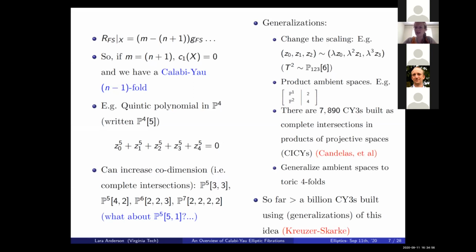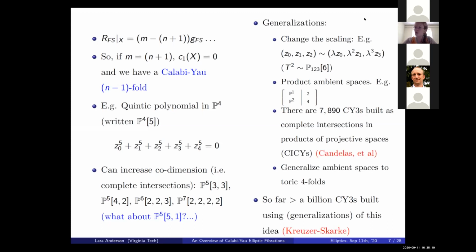So these 7,890 manifolds. You can also still further generalize this, and Albrecht described a bit of this in his talk, to more general toric varieties, changing the scaling relation, not necessarily having products, but multiple directions with different scales. These lead to also a simple way to build Calabi-Yaus as hypersurfaces or as complete intersections.